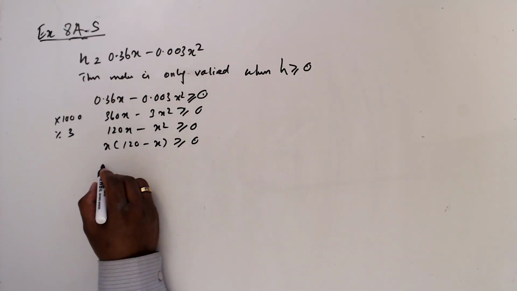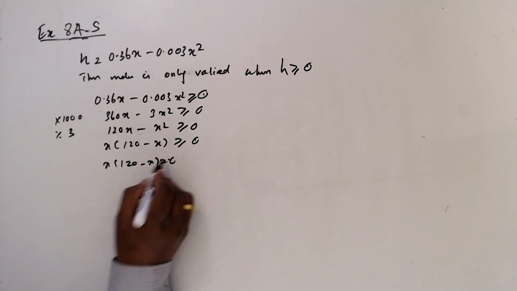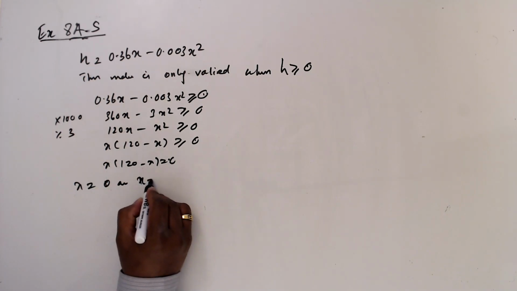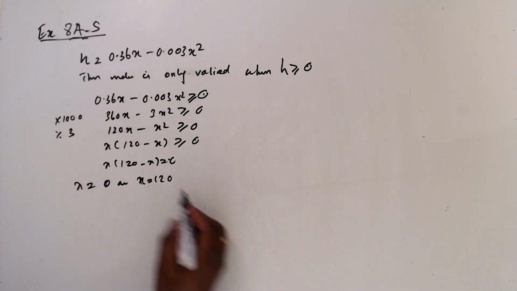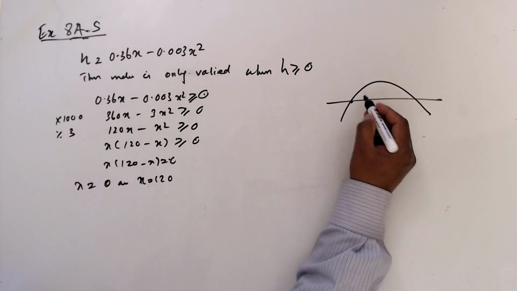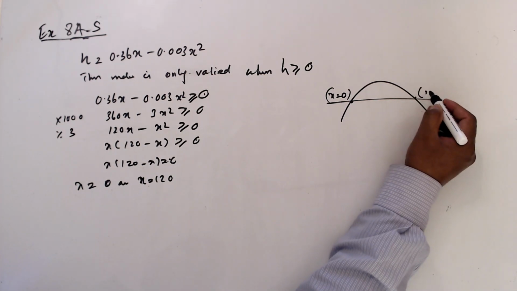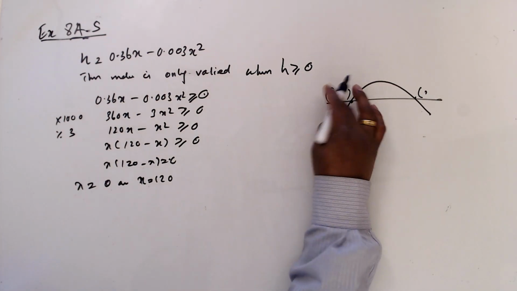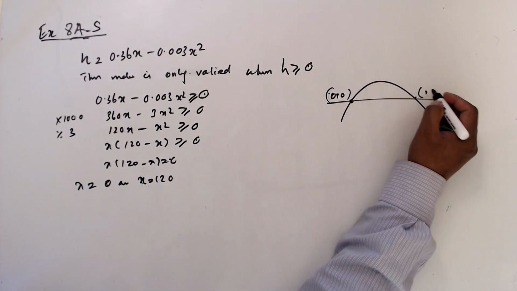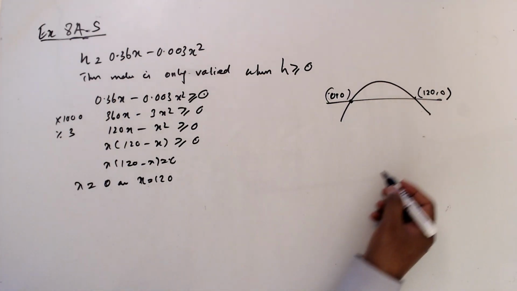So if this is an equation, x times 120 minus x equals 0, then x equals 0 and x equals 120. This is x equals 0, and this value is going to be 120, 0.